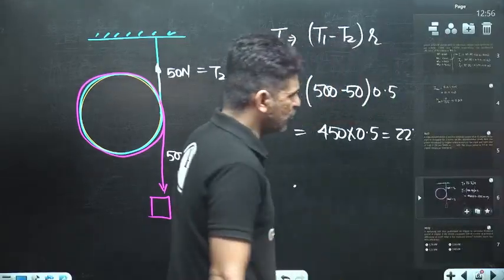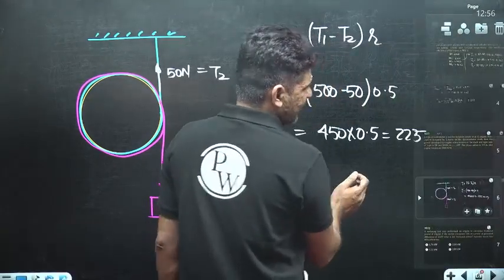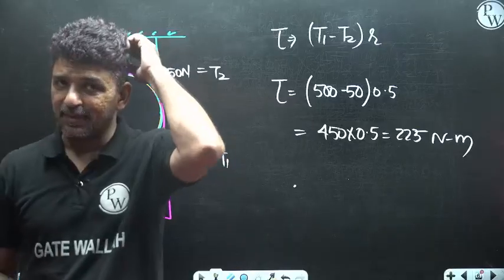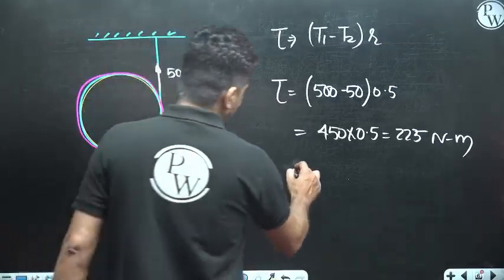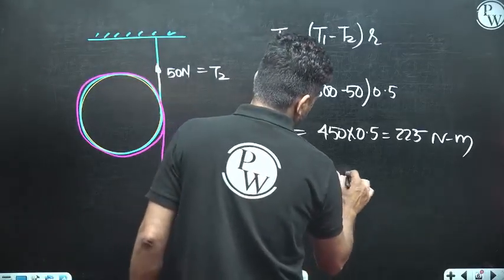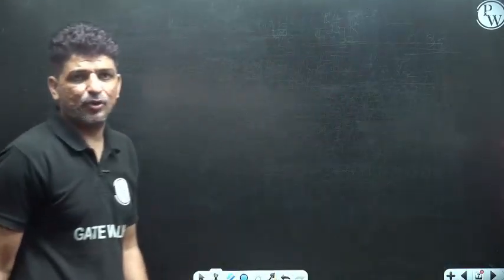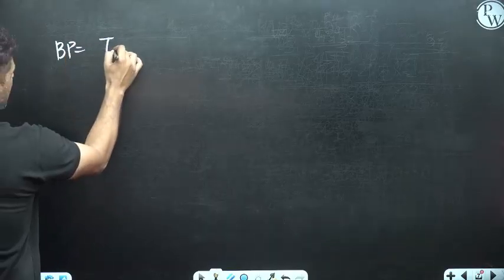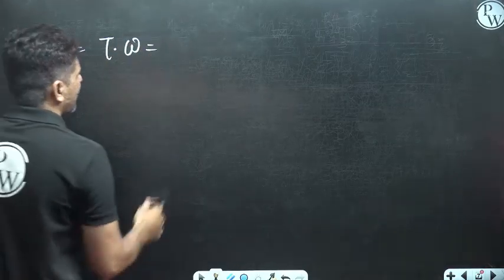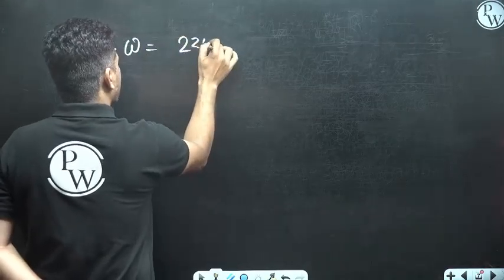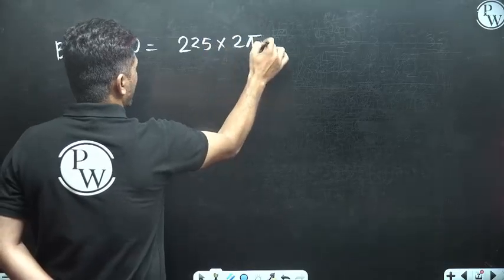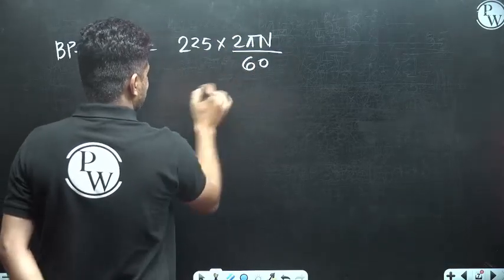So torque is 225 Newton meter and your engine is running at 3000 RPM, so N is given as 3000. Now we can calculate the power produced. The brake power will be equal to torque multiplied by omega, which is 225 multiplied by 2 pi N divided by 60.